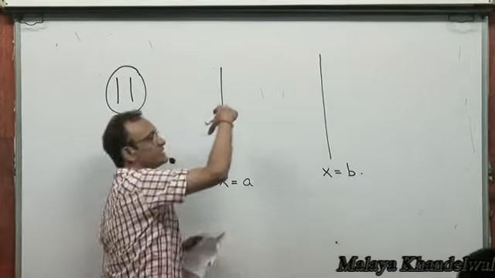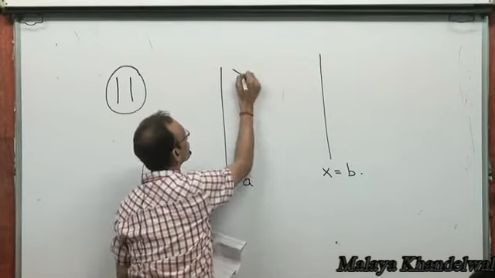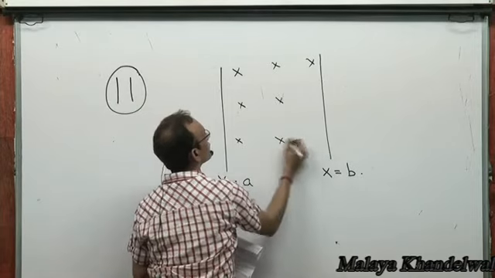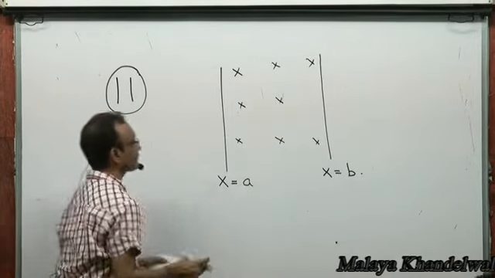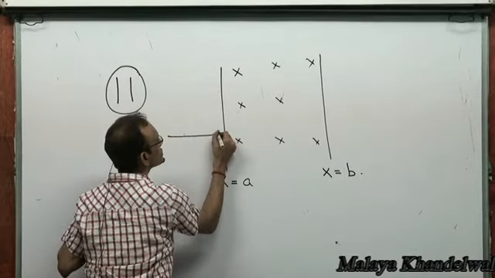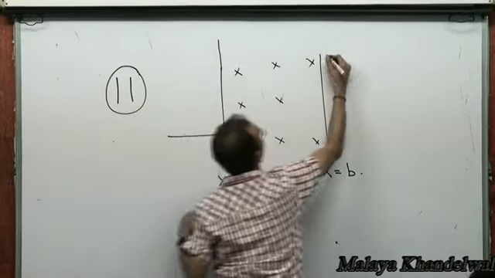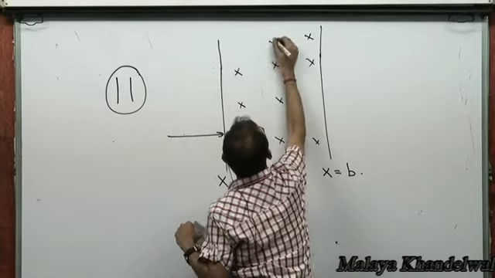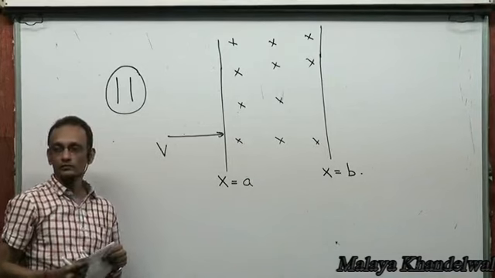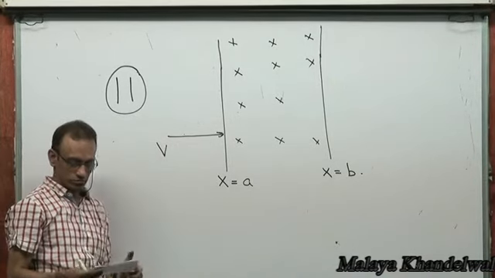Say negative z direction goes into the plane of the board. So B lines are into the plane of the board. And say this is the x direction. So it enters this region with a velocity v along the positive x direction.